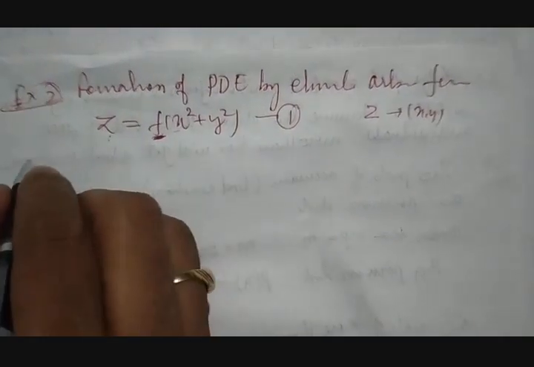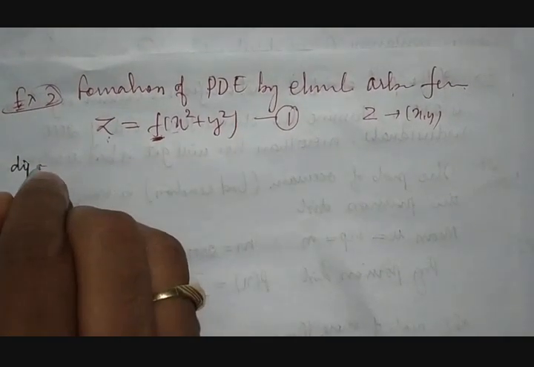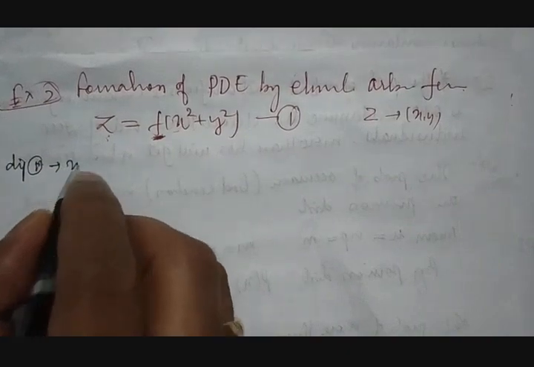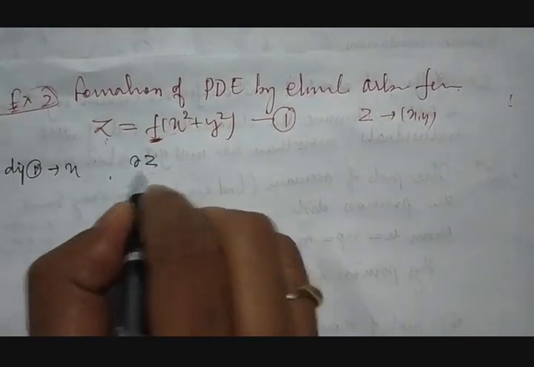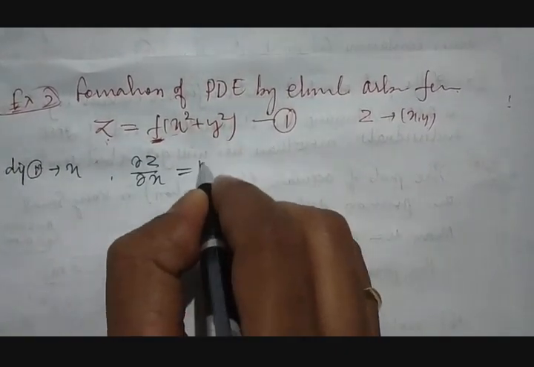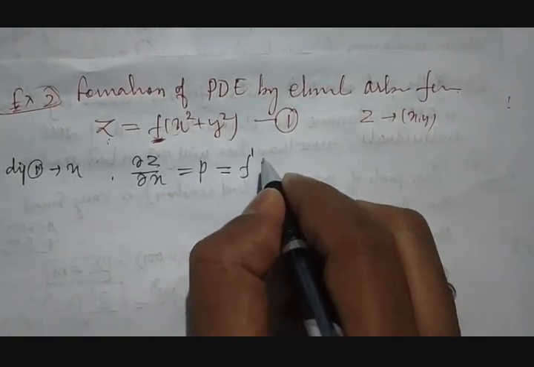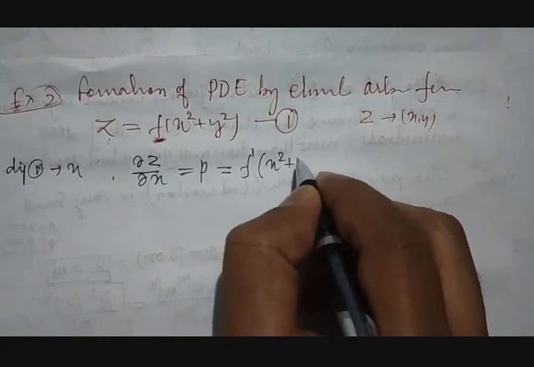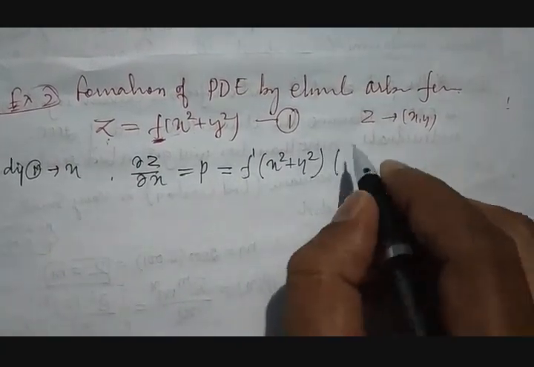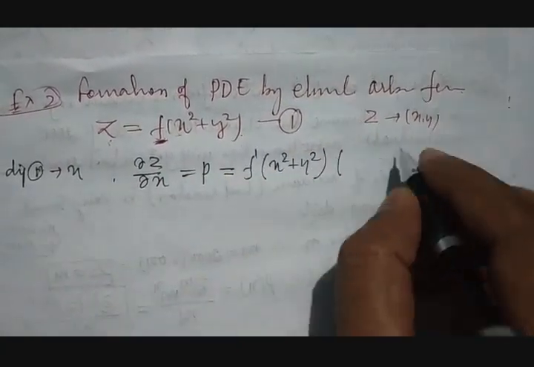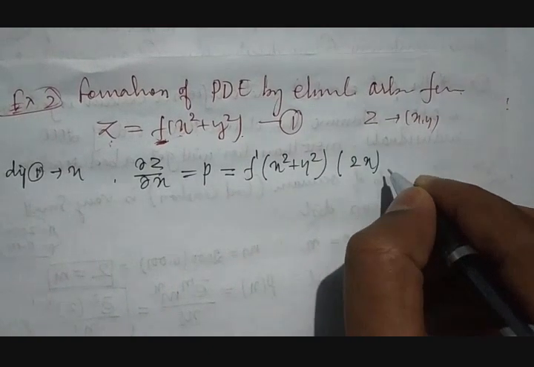Then, as usual, differentiate equation number 1 with respect to x partially. Then we get ∂z/∂x, which will be denoted by p. Differentiation of f can be written as f dash of x square plus y square into differentiation of this bracket with respect to x, which will be 2x.